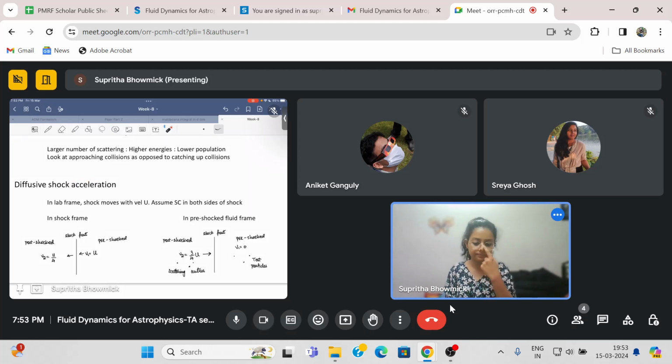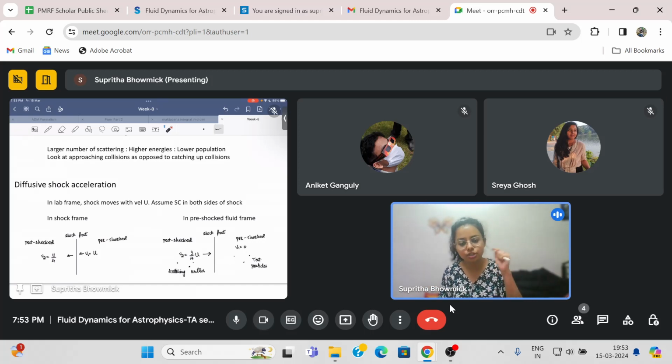We will see how. So let's say we're looking at a shock front moving in the fluid. In the lab frame, we will see the shock moves with a velocity u, right? And let's say we have scattering centers and test particles on both sides of the shock. All right.